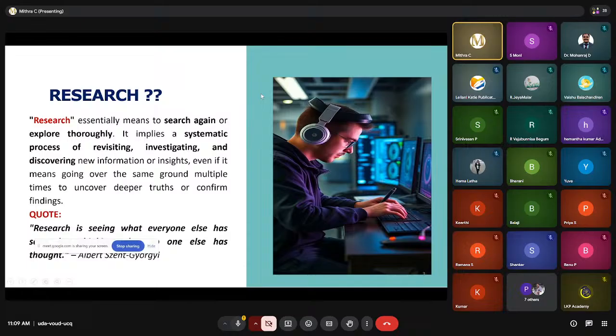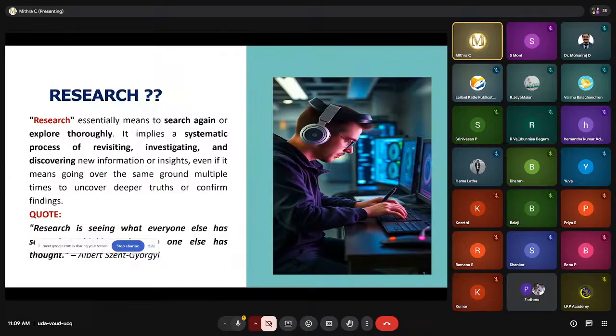First of all, research. Many of the people may be aware of this term, but they don't know the intended meaning behind research. First of all, we need to split the word into two, that is, re and search.